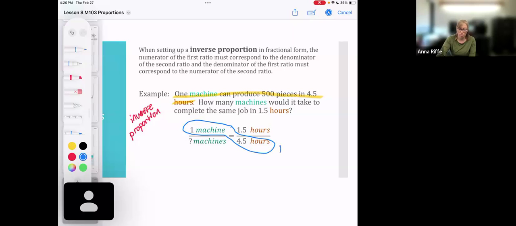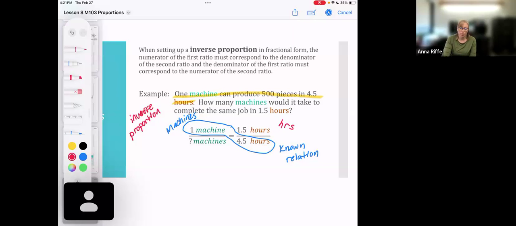Okay, so this is our known relation. It is still the case that we're making one side of the equal sign represent one of the variables. So this is the machine side still, and then the opposite side represents the other variable, the number of hours. We're just changing the location of that known relation.